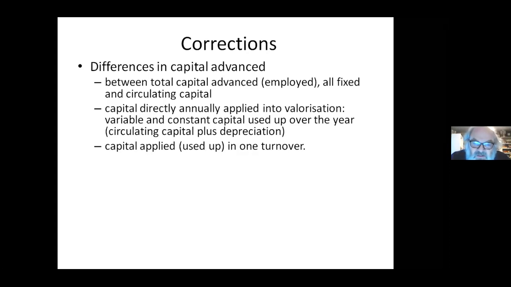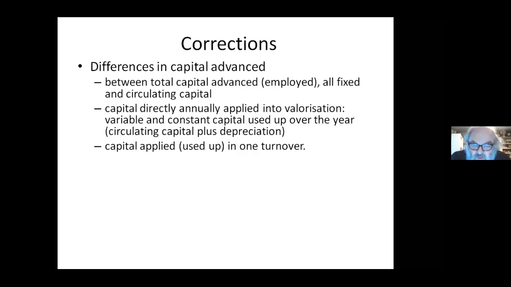And then there's a third amount which is relevant here. The second amount really distinguishes between fixed capital and circulating capital. But then the third amount is really to do with how quickly that circulating capital actually circulates.